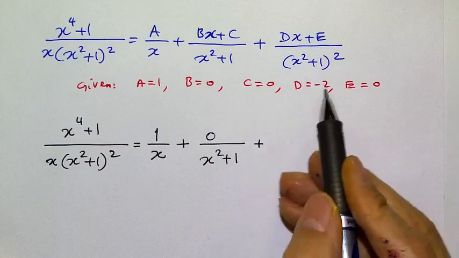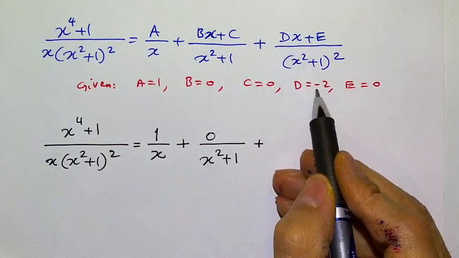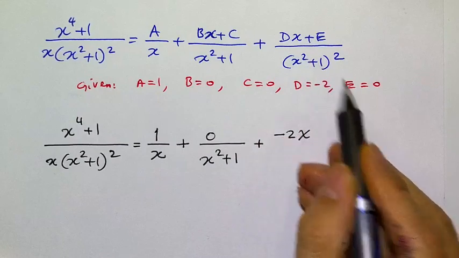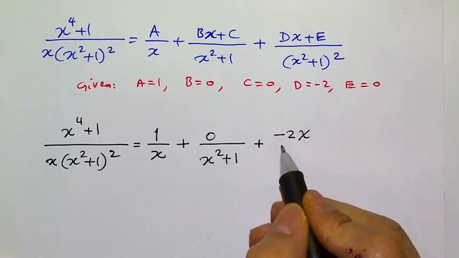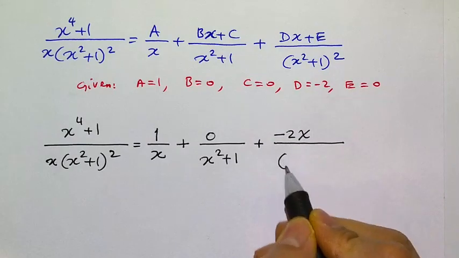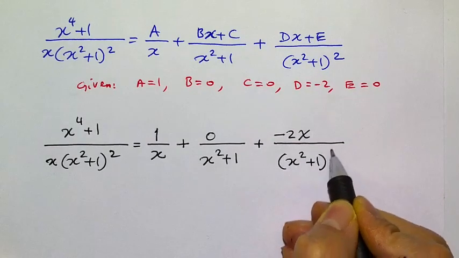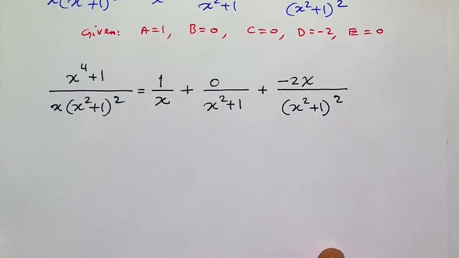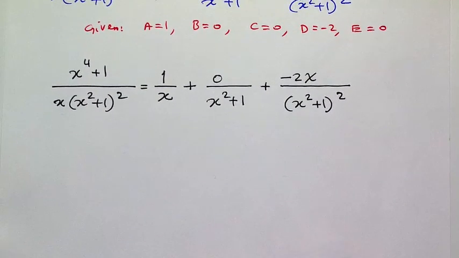Now plus d is minus 2. So minus 2x plus e is 0, right? So I just leave it out and I divide that by x squared plus 1 squared.